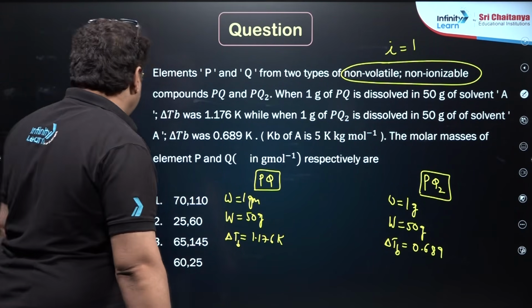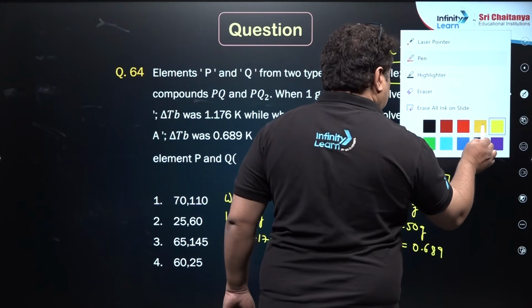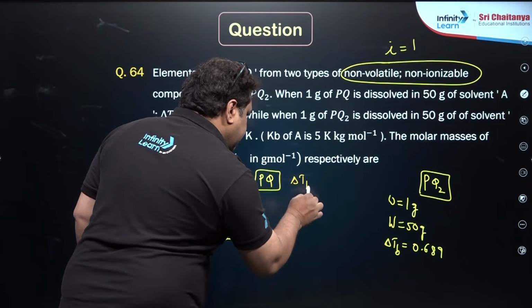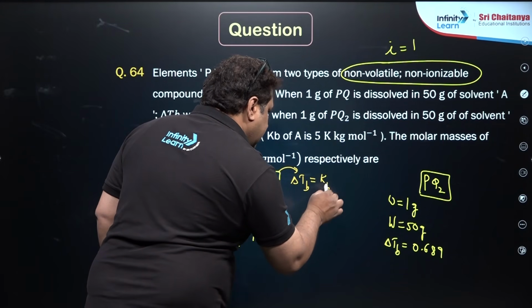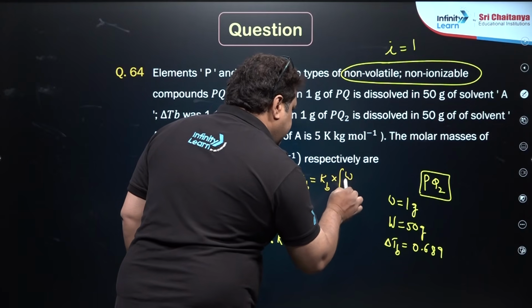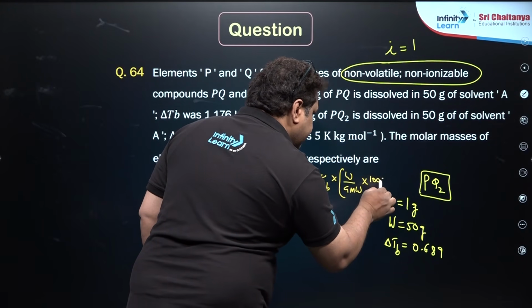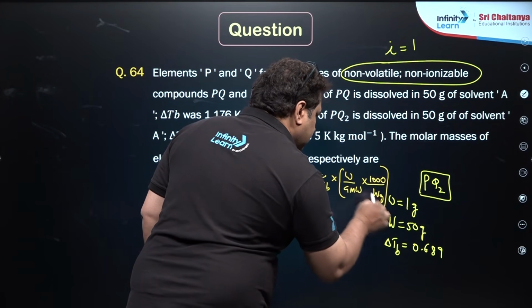How to solve this? Here you see. For this I am writing delta TB is equal to Kb into weight by gram molecular weight into 1000 by capital W in grams, correct.